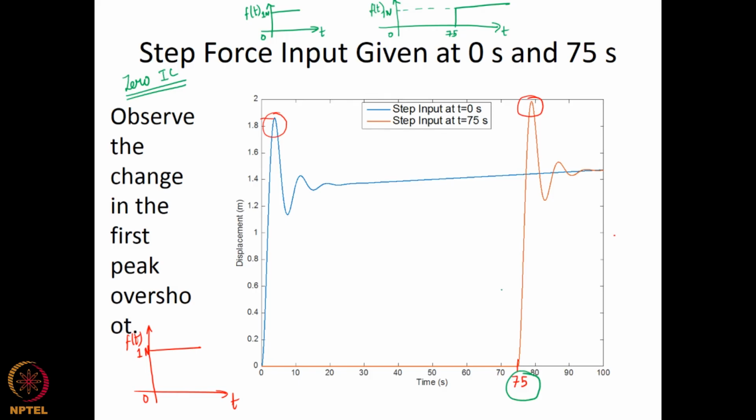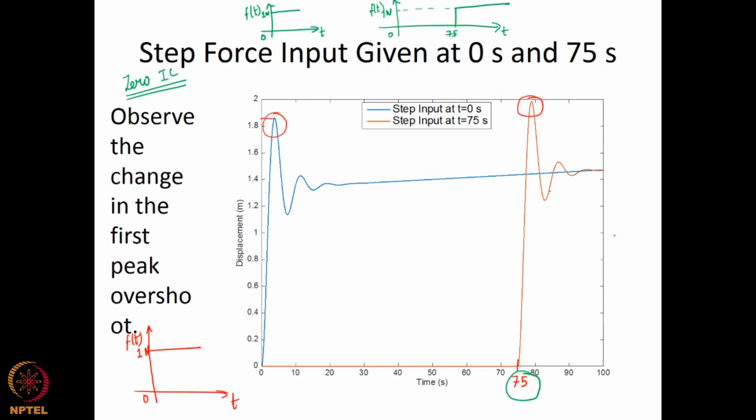You can immediately see that the response plotted by the red curve is different from the blue curve, which is going against the definition of time invariance. If you recall that definition, if we give the same input at time t equals 0 and time t equals 75 as in this example, I should get the same output, but that is not the case.